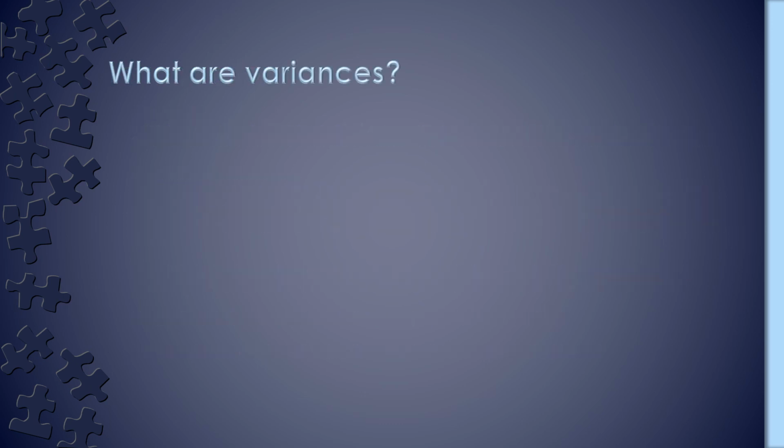So let's start by taking a quick recap on what variances are. You will have come across variances at some point in your studies by now, I'm sure. So we'll do a very quick run through so that we know the types of terminology that we're going to be thinking about as we do our presentation this time. So a variance, what is it?